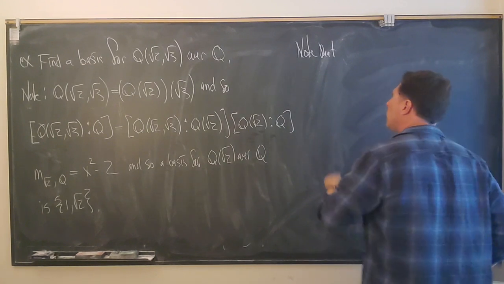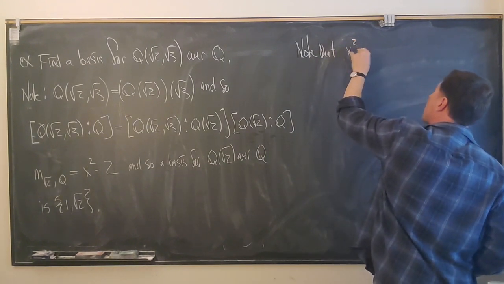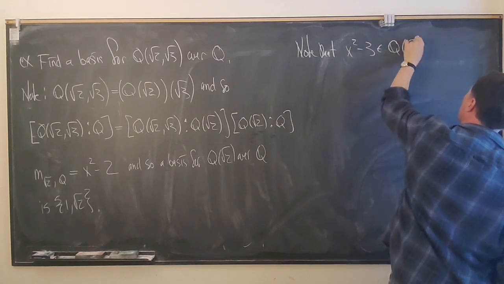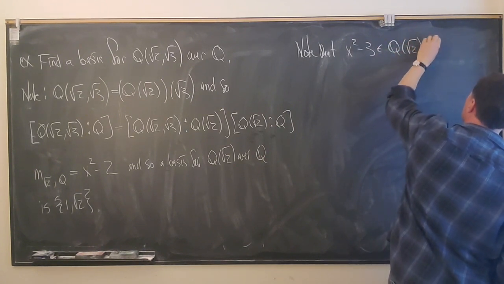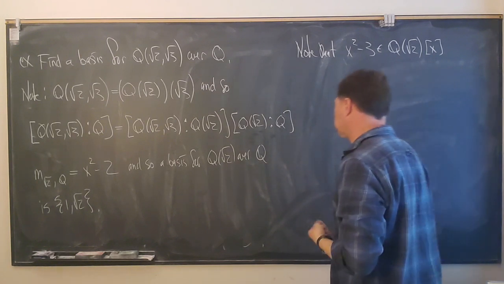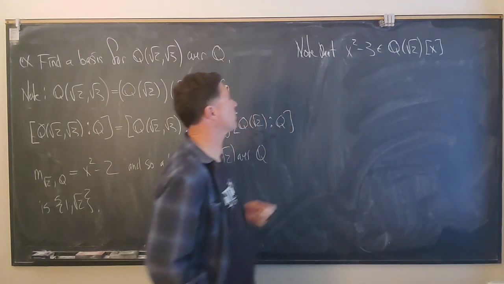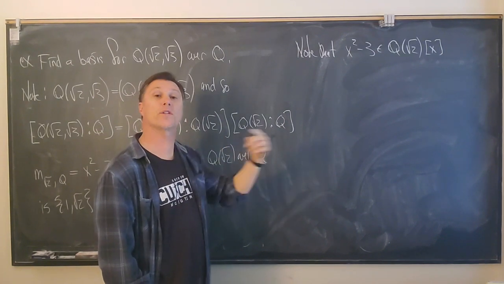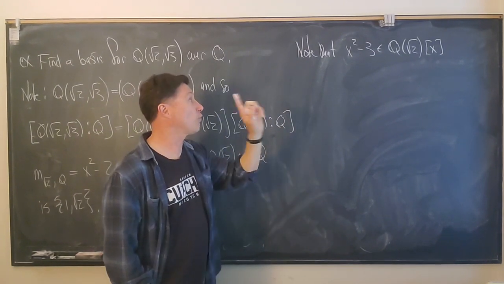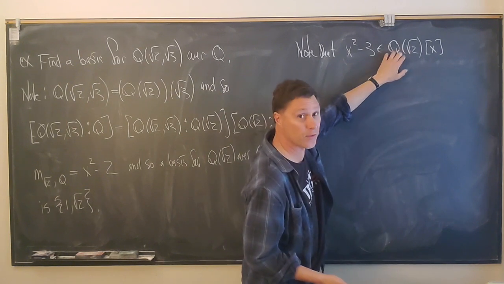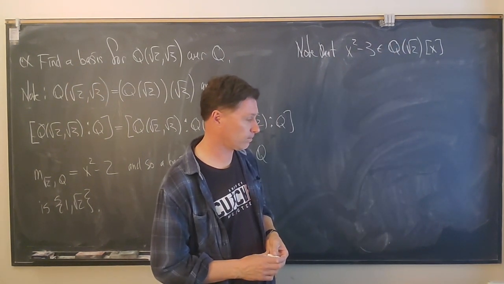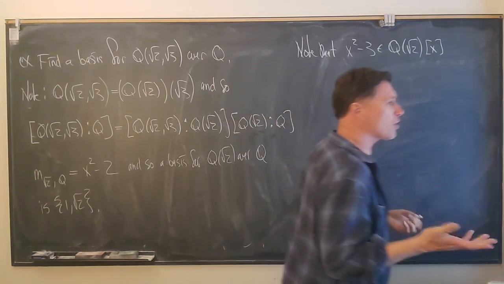And so first note that x squared minus 3 is definitely a polynomial in Q adjoin root 2 bracket x. So nothing surprising there. But now the question is, is it the minimal polynomial, or is there a polynomial of smaller degree with coefficients in this field right here for which square root of 3 is a root? And so I mean, the answer is going to be no.